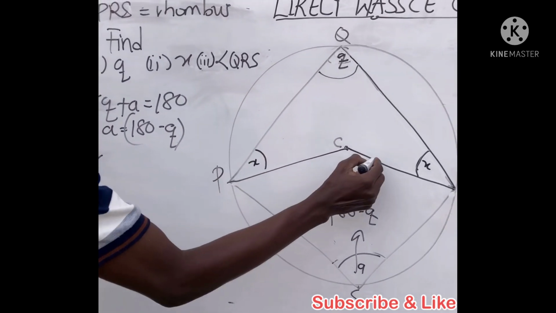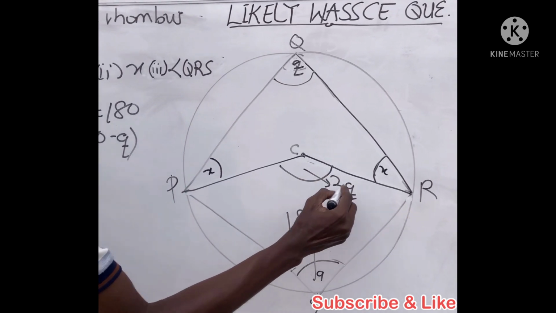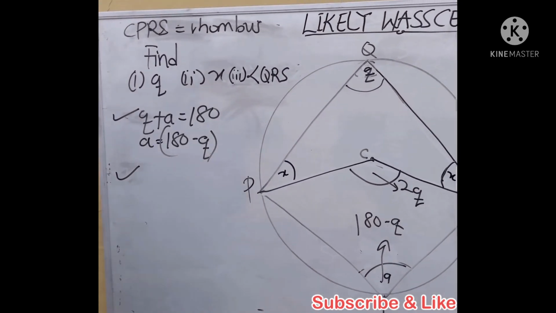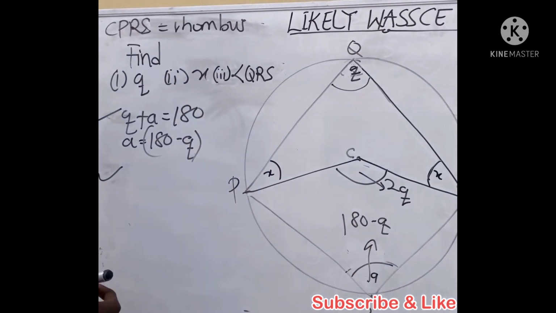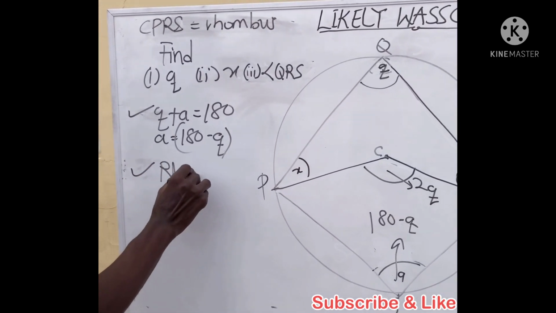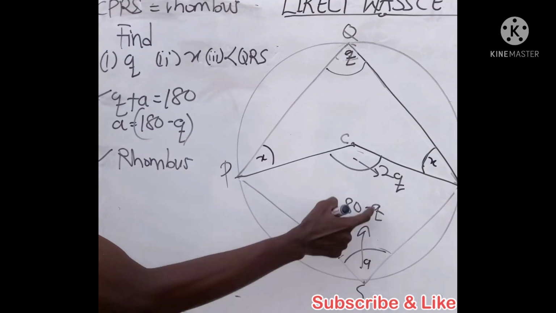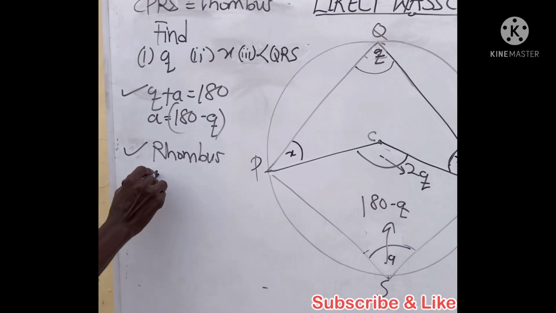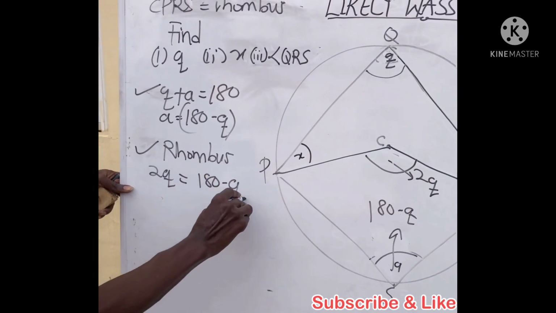So the angle here equals 2Q. And we know from rhombus that opposite sides are always equal. So 2Q is equal to 180 minus Q.